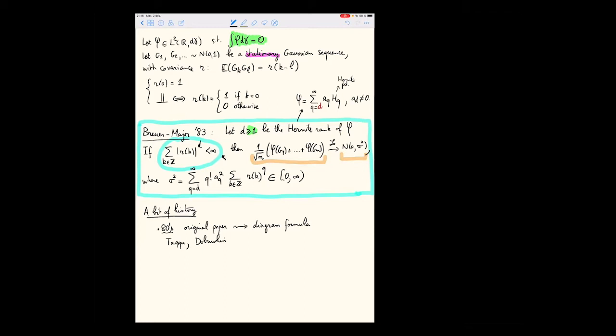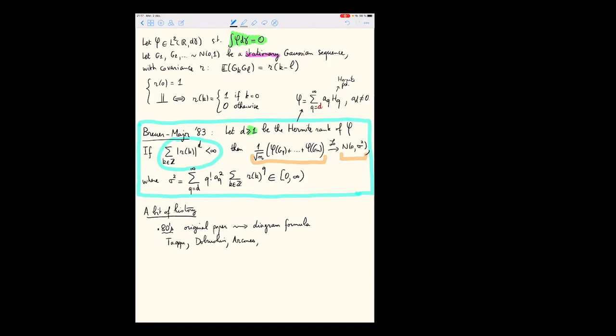In this case, he was able to prove that the partial sums, divided no longer by square root of n but by n to some fractional power depending on some assumption on R, converge in law not to the Gaussian distribution but to the so-called Hermite random variable. I'm not going to speak about this today, but we also know what happens in the case where this sum is infinite.